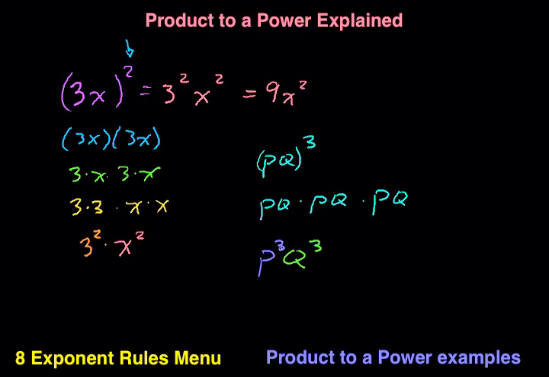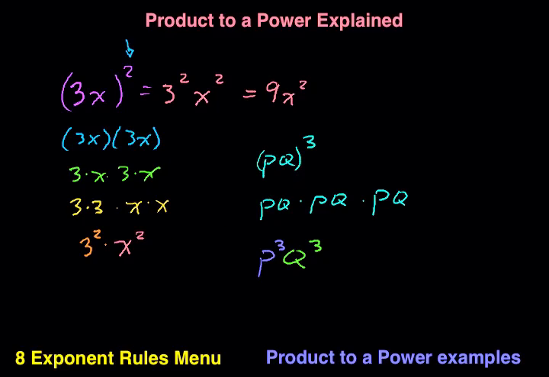It is really P cubed Q cubed, or P to the third times Q to the third. So in general, what happens to this exponent is it is being applied. I'm not going to use the word distribute because that's reserved for the distributive property, but I'm going to say you apply this exponent to all parts of the product.